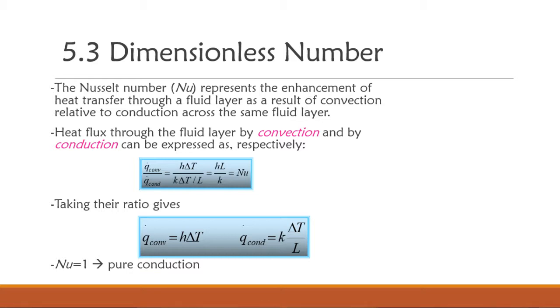The formula is Q convection over Q conduction equals h delta T over k delta T divided by L. It can also be calculated by hL over k, and is equal to Nu.